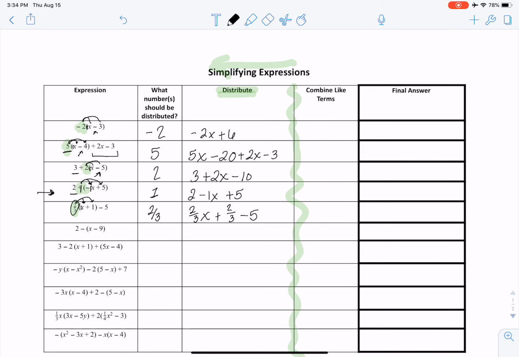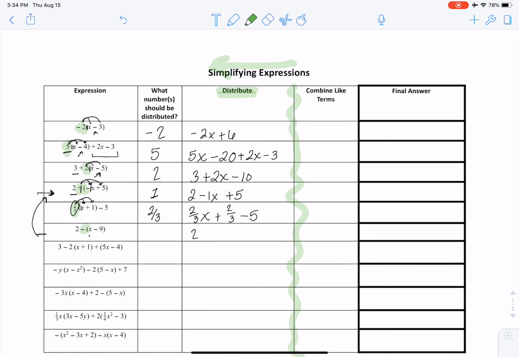All right? The next question is very similar to this one we did a couple of times ago. A lot of people want to distribute the 2, but the 2 isn't touching the parentheses, so it just stays how it is. This minus sign that's stuck to the parentheses, that's what gets distributed. And remember, if there's no value, you can input a 1.